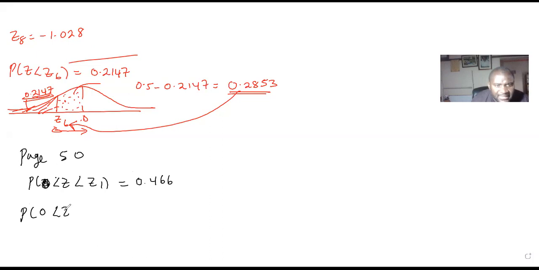Probability of 0 less than Z less than Z2 is equal to 0.498. Probability of 0 less than Z less than Z3 is equal to 0.475.